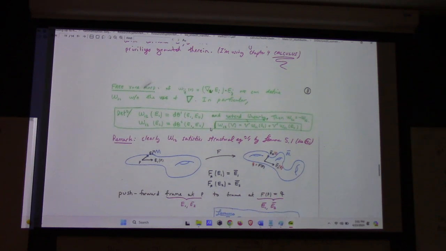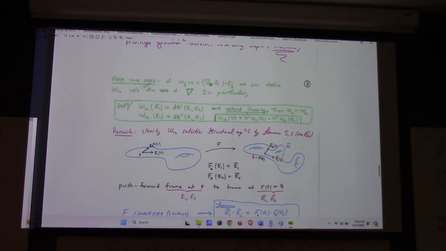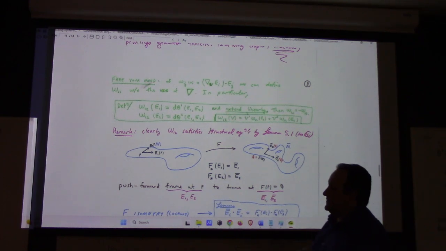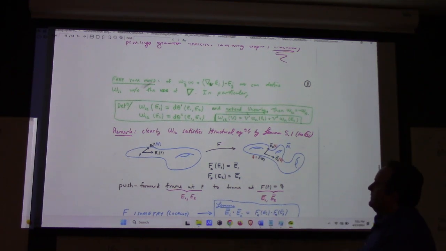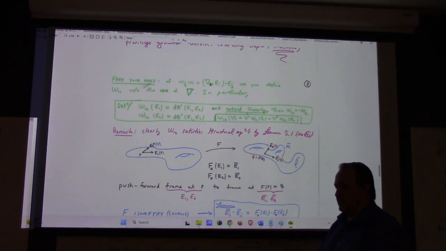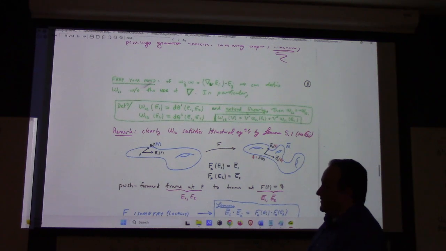Then we must free our mind of the covariant derivative that we have talked about in the last two lectures or so. And we must define the connection coefficients in view of the previous proposition. We define omega 1, 2 by the exterior derivatives of the coframe.